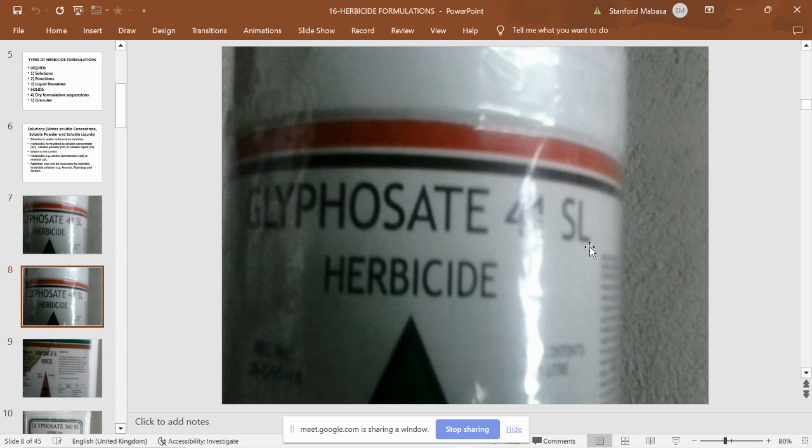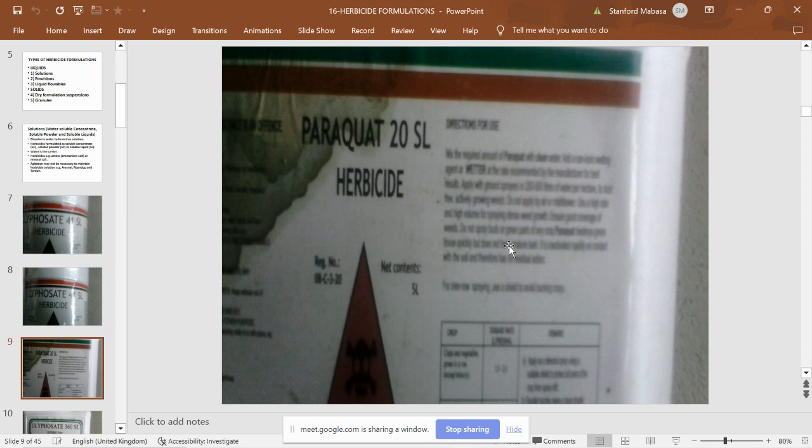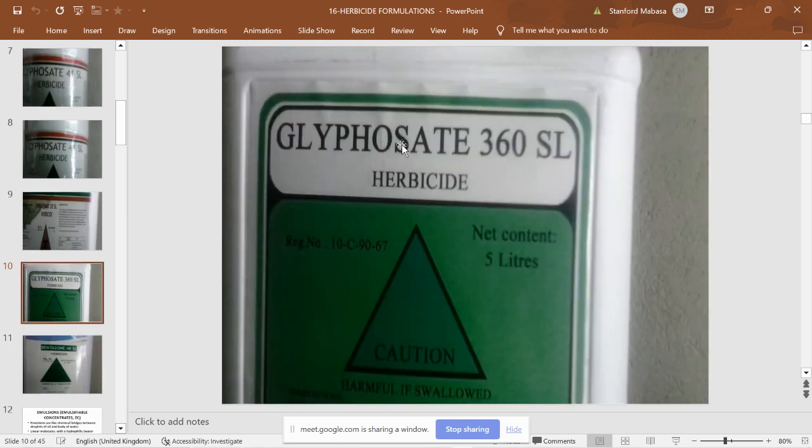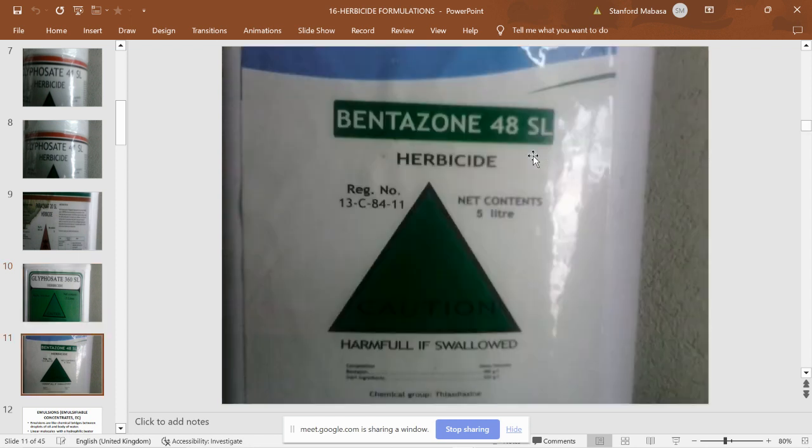Glyphosate, again, soluble liquid. Paraquat 20 SL, soluble liquid. Again, this is another glyphosate SL, soluble liquid. Bentazone or Basagran has got SL, which is soluble liquid.